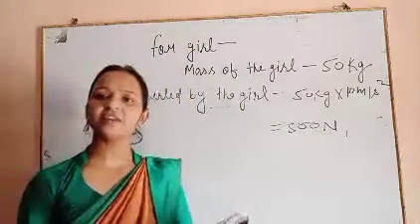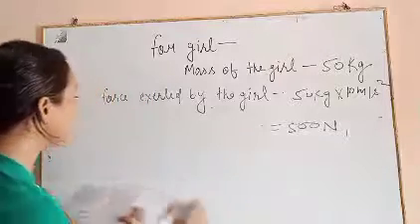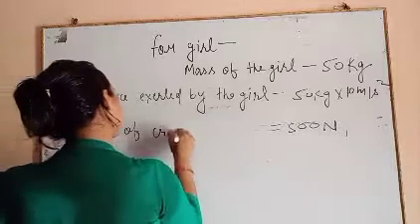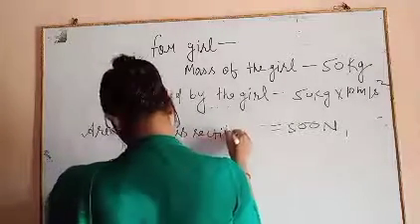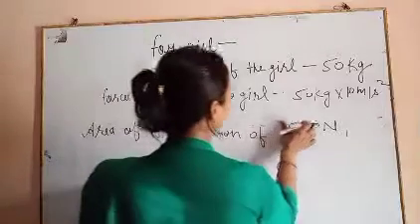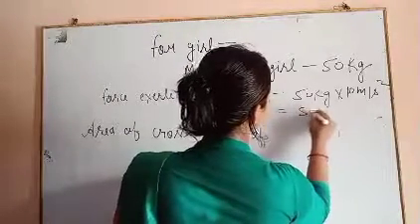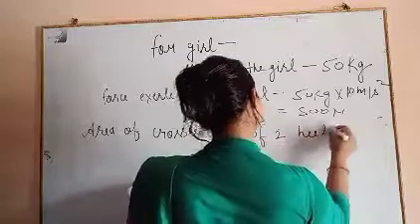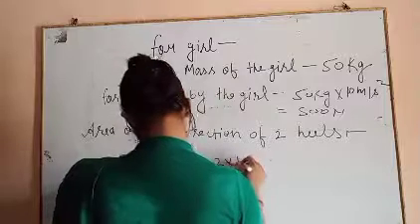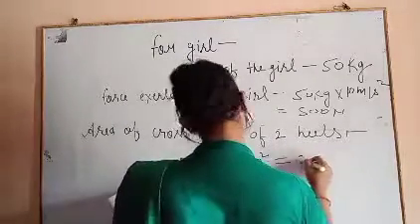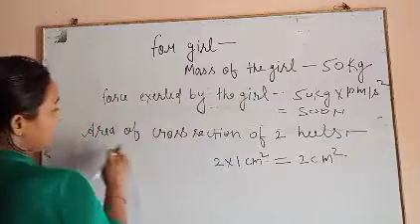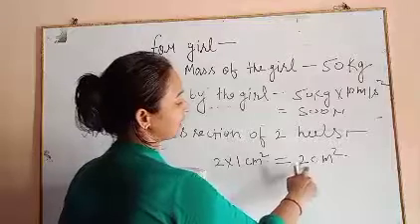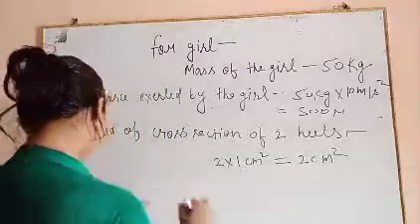Area of cross section of two heels: 2 into 1 centimeter square is equal to 2 centimeter square, because the area of cross section of two heels is 2 into 1 centimeter square.